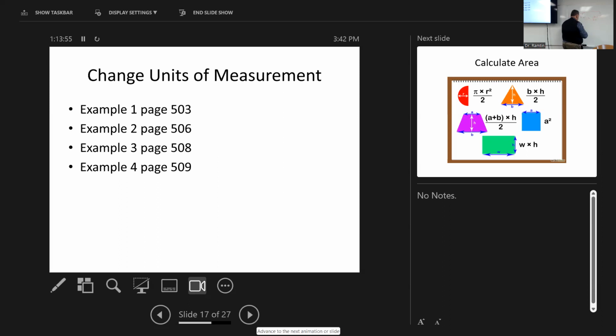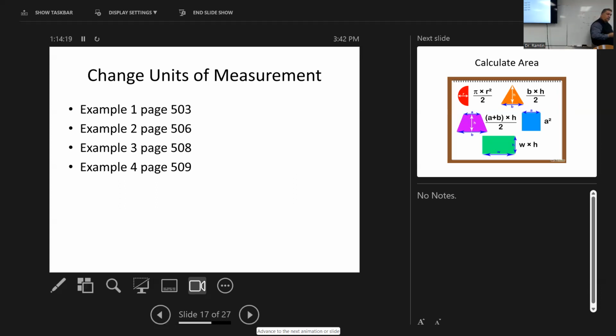So 40 inches times 1/12 becomes 40/12. I divide both by 4. This becomes 10, this becomes 3. So it's 10/3 feet.